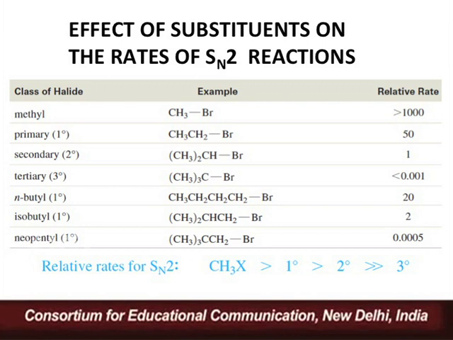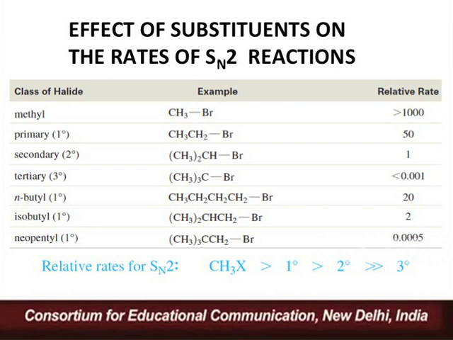What we observe here is that methyl bromide is most reactive. It is 1000 times more reactive than isopropyl bromide. Whereas another primary alkyl halide, n-butyl bromide, is only 20 times as reactive as isopropyl bromide. The secondary alkyl halide isobutyl bromide is only 2 times as reactive as isopropyl bromide.